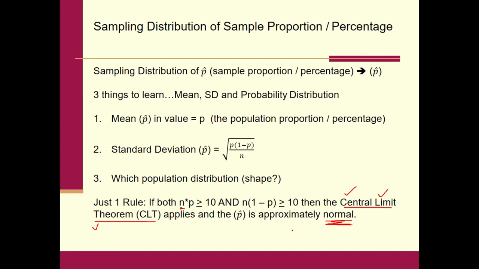When we get to, say, the sampling distribution of x bar, those criteria will change. Don't get hooked on saying this is what it always is for every statistic. No, the criteria change when the central limit theorem applies. All right, so we have to memorize this with regards to the sampling distribution of p-hat.